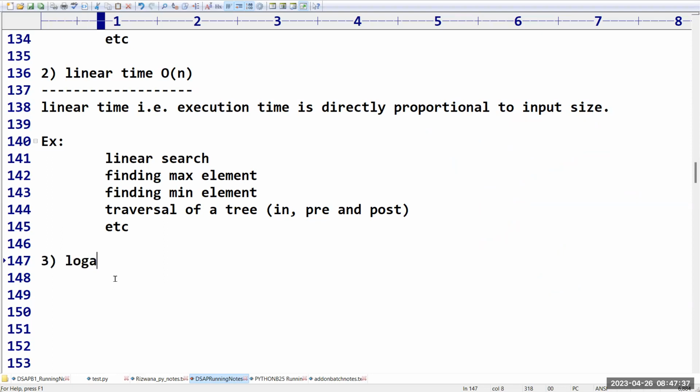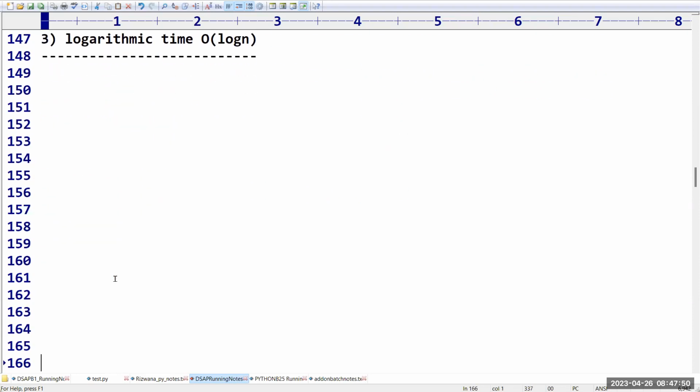Logarithmic time, that is nothing but big O of log n I am taking. Big O of log n, logarithmic time it is going to take. Sir, what is this logarithmic time? Very simple.